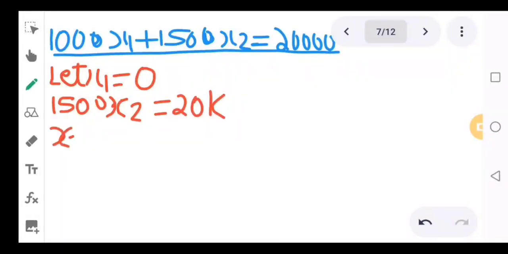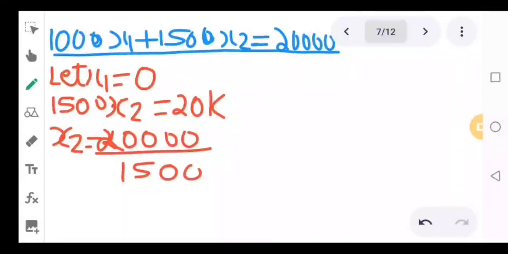So x2 will be equal to 20,000 divided by 1500, which is 13.33.